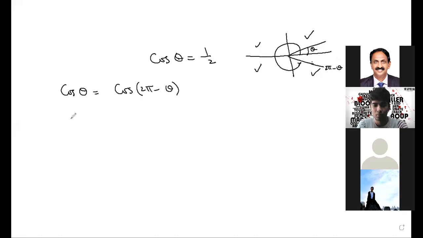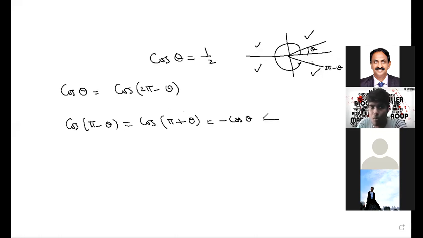Second and third. So cos of pi minus theta and cos of pi plus theta will be equal, and it will be minus cos theta. So this will be used when the value is negative, and this will be used when cos theta is positive. Is that clear to everybody?